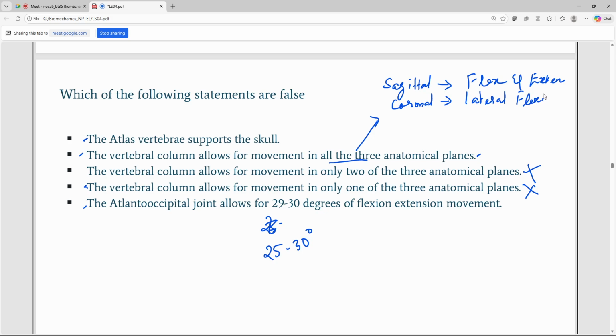If you have seen the videos, you would remember the sideways movement, lateral flexion. And in the transverse plane, that is the axis transverse, it gives you rotation. So the vertebral column allows movements in all three anatomical planes. That's understood.